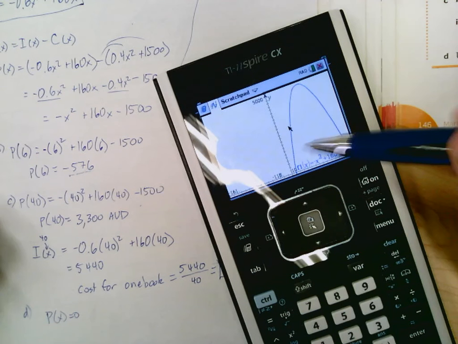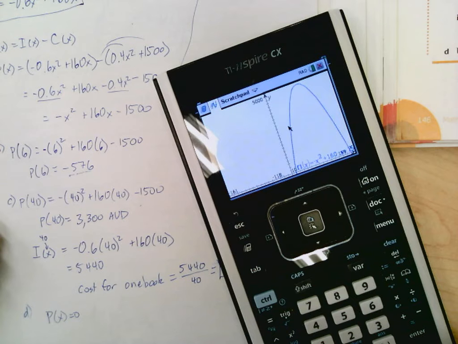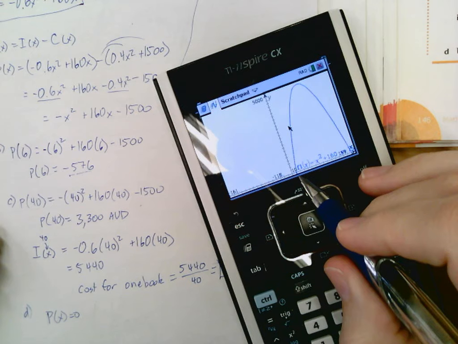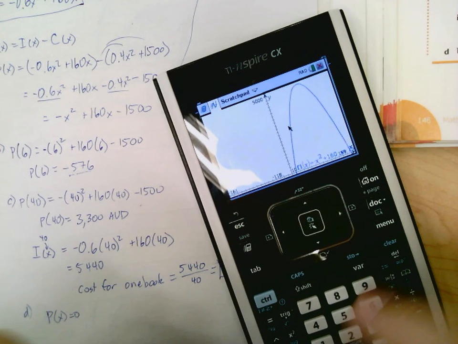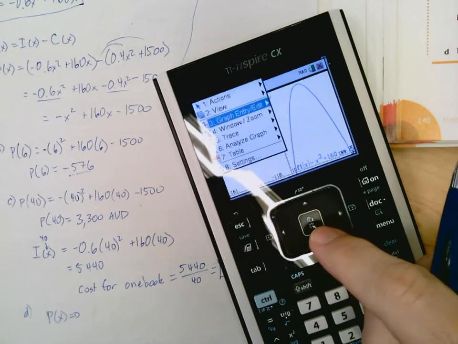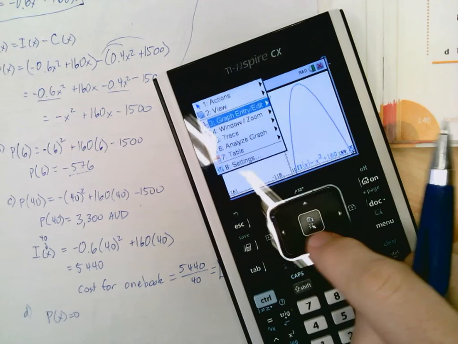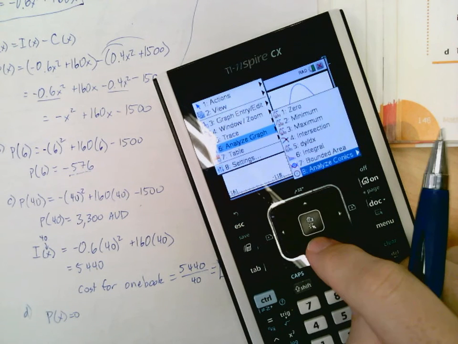Okay, now the question was, use your GDC to find the number of books for which P of X equals 0. And you know what? I see two places where P of X equals 0. So I'm going to calculate those using my calculator. I'm going to go analyze graph, and I want to find the zero right here.